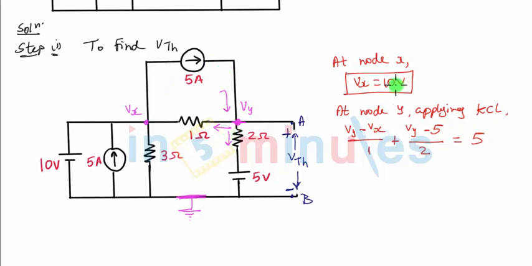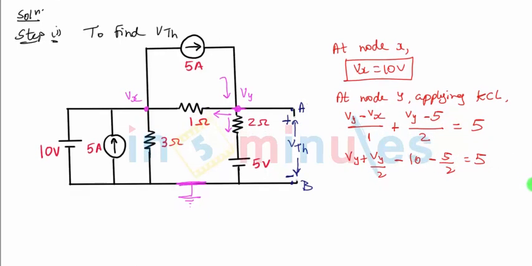Now let us put the value of Vx, which is 10. So Vy plus Vy by 2, I just combine them together. Minus Vx will become minus 10 because Vx is equal to 10 volts, and we get minus 5 by 2 equal to 5. So I can simply solve this equation and get the value of Vy.